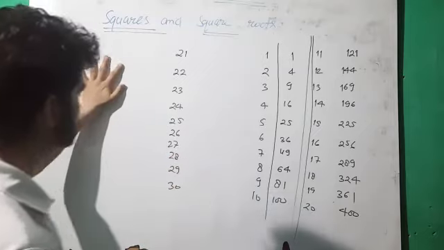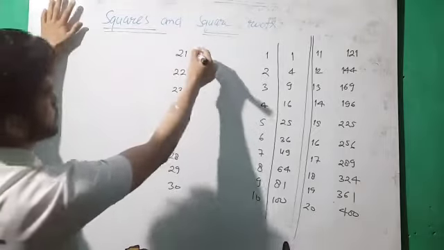You have to remember at least up to 30. Square of these numbers.